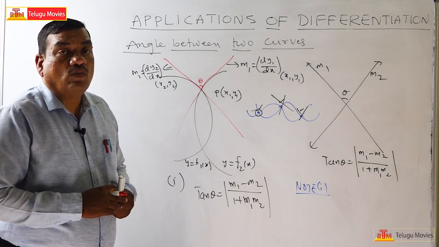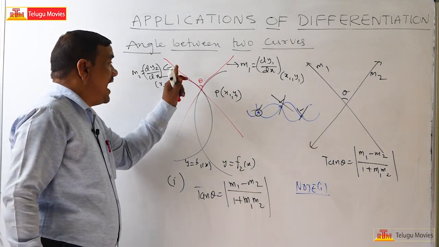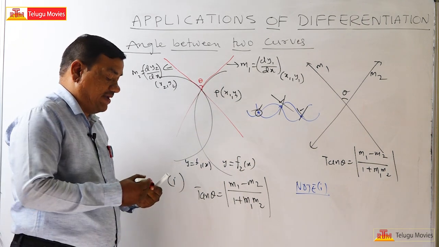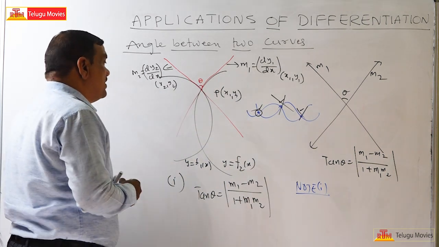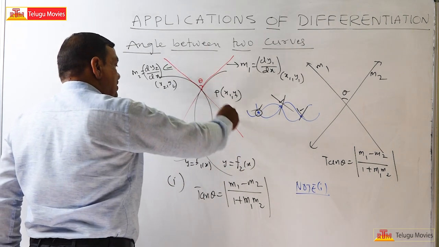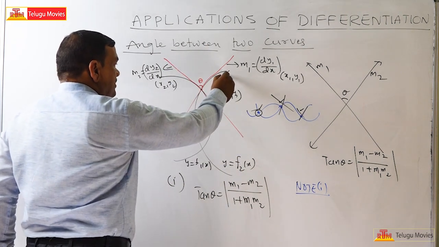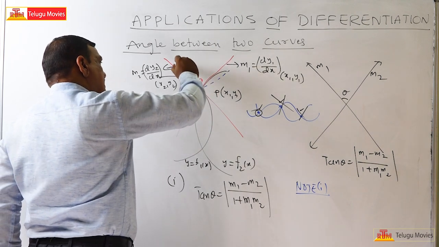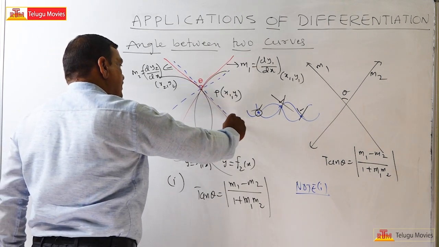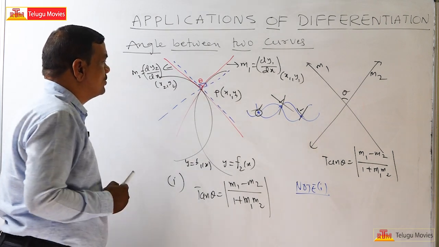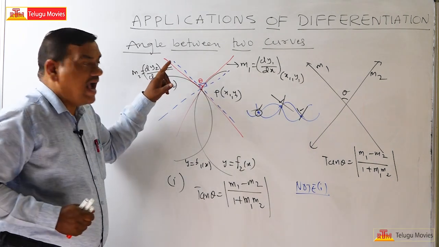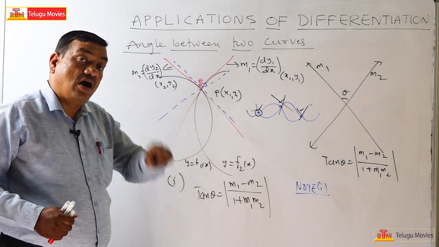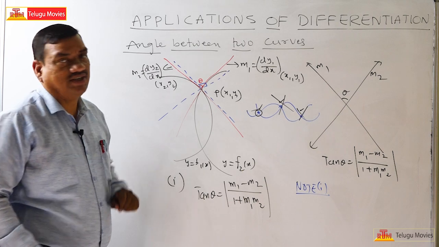The second note point is, the angle between the tangents at the point of intersection is the same as the angle between the normals. For example, this is the first tangent, and this is its normal, and for the second tangent this is the normal. This angle is also the same. So observe here, the angle between the tangents is the same as the angle between the normals at the point of intersection.